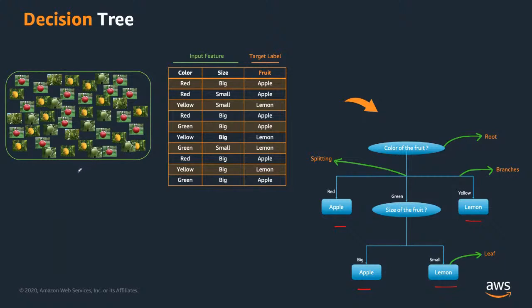Okay, this image is not given in the data set, they just show you what it would look like. But this is the data set that you have. This input feature is X, and the Y is the output class label. So in the input, you have two features, right? Color and size. These are the only two features that you have, and this is the target label.